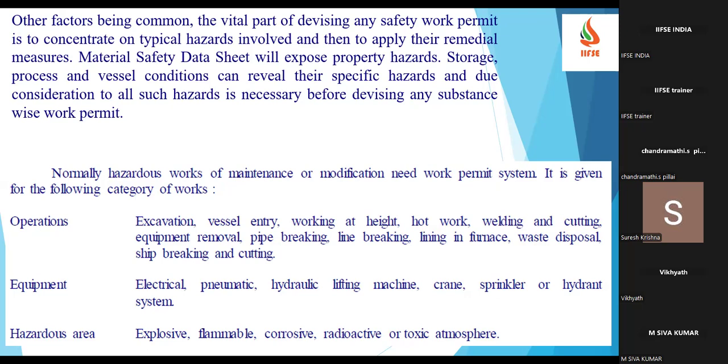Then all these three people together come to the specific place, do the inspection and start the activity. So if you see operations-wise, what kind of operations? Operations is nothing but the work or the activity.